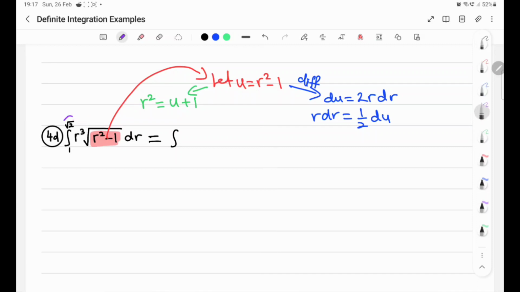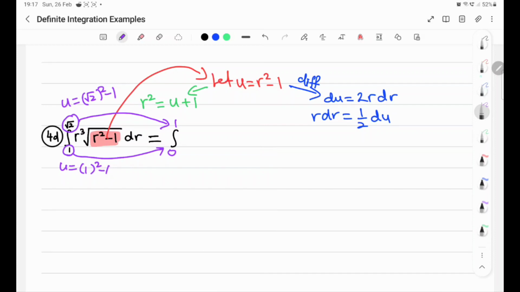The limit, square root of 2. Put them inside. u equals square root of 2 squared minus 1, so it's 1. And then for 1, we substitute here. u equals 1 squared minus 1 becomes 0. Settle with the limit.